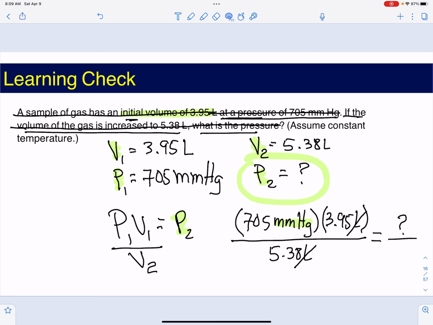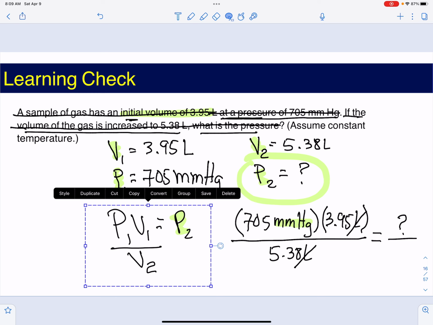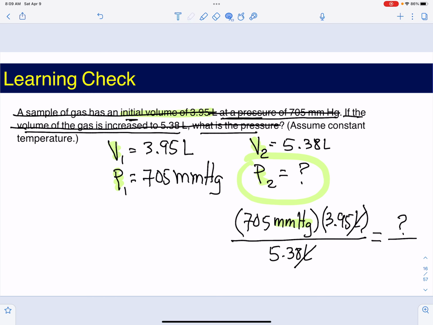So when I do that, I get 705 multiplied by 3.95 divided by 5.38. That's going to equal 518 millimeters of mercury.